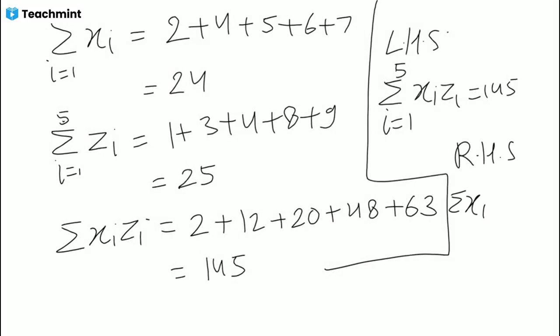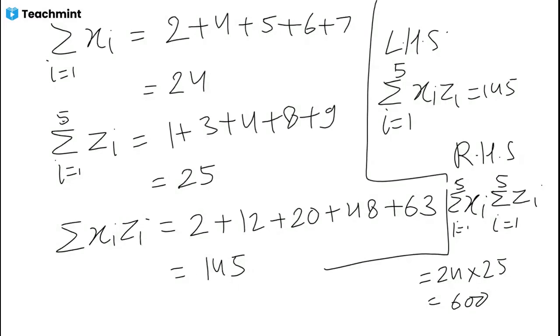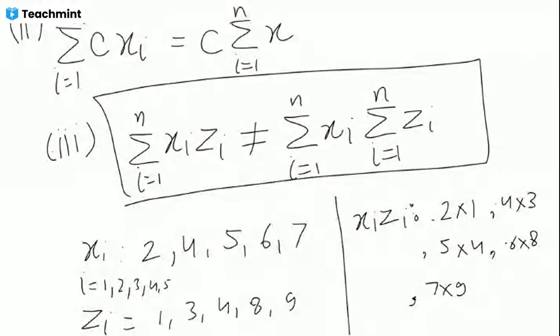The summation of xi, i is equal to 1 up to 5 only, because we have only 5 values, into the summation i is equal to 1 up to 5 of zi. So we have 24 into 25. What do we have? 600. Obviously, they are not equal. That is why we have verified this rule. Are you getting it? Yes, ma'am.